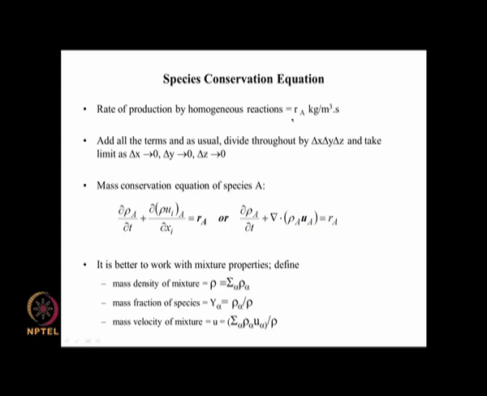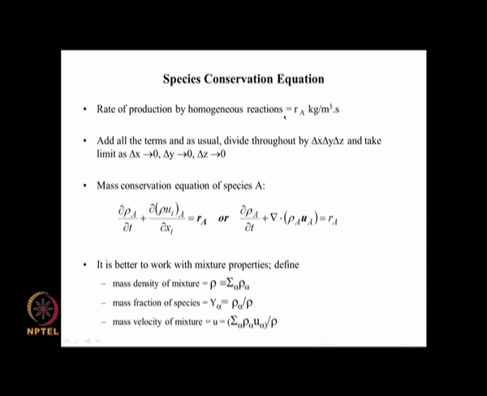Why we are calling it homogeneous reaction is that this is a production term per meter cubed, kilogram per second per meter cubed of this particular species A being produced, and if you multiply this by the volume, then it will give you the kilograms per second. So that is rate of production of the species in the control volume. So this is a volumetric generation term.